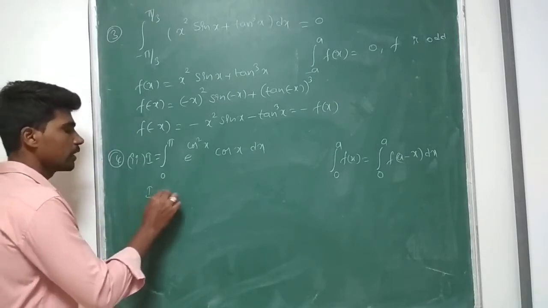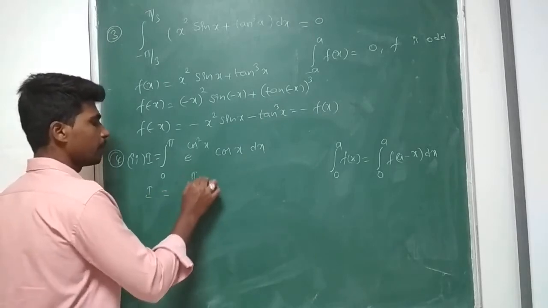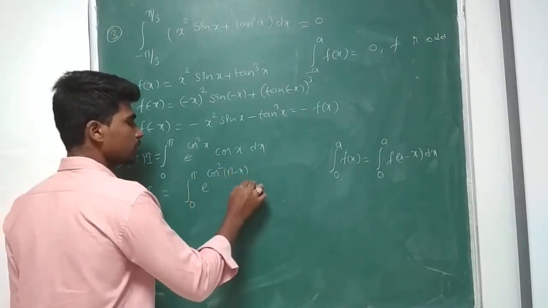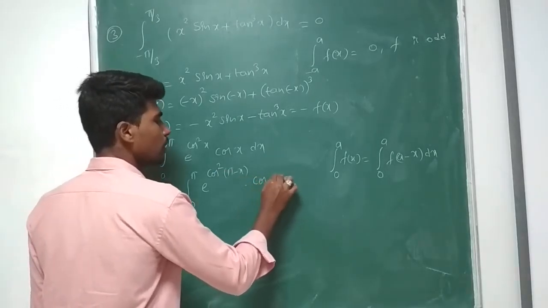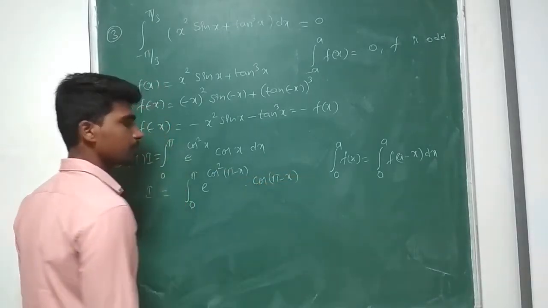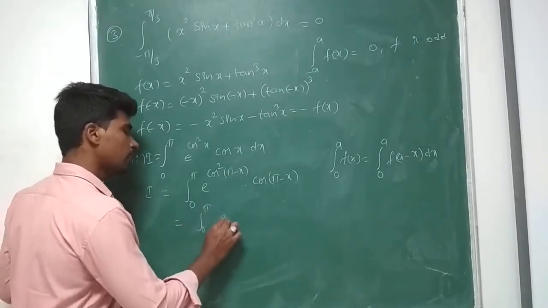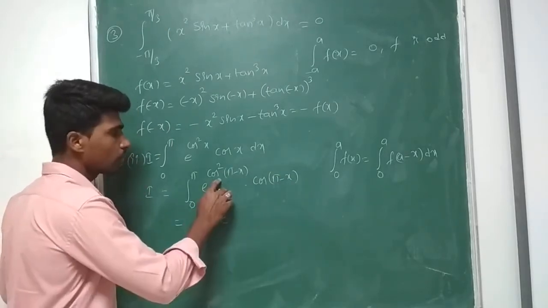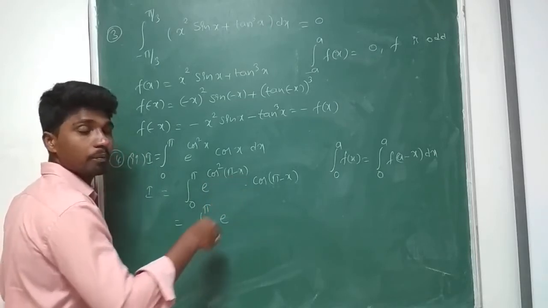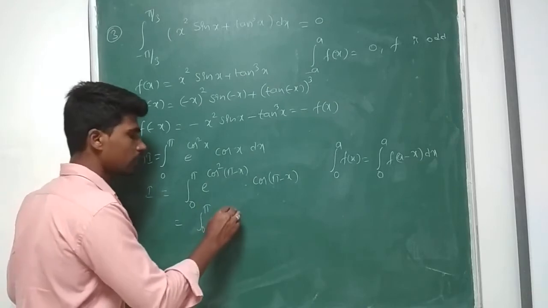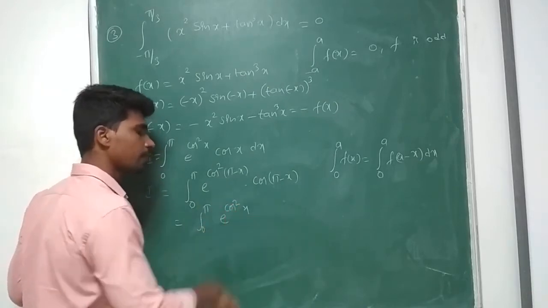So I can be written as integral 0 to pi e power cos square of pi minus x into cos of pi minus x. So I get integral 0 to pi e power cos of 180 minus theta, which is minus cos theta, second quadrant, and minus cos theta whole square gives cos square x.